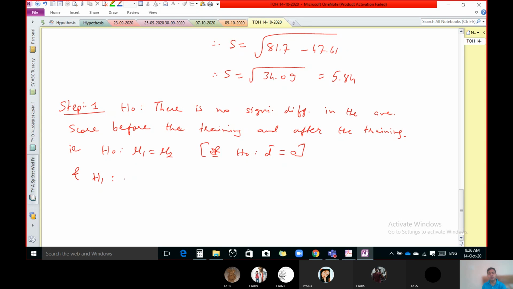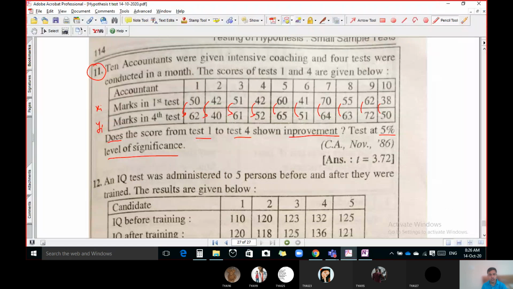So what would we write here? Mu1 not equal to mu2, greater than, less than, what would we write here? Not equal to. Okay. What do we want to prove? Check it. We have to check, does the score from test 1 to test 4 show improvement? We have to check whether the improvement is there or not.